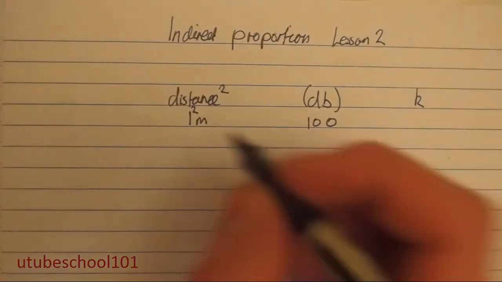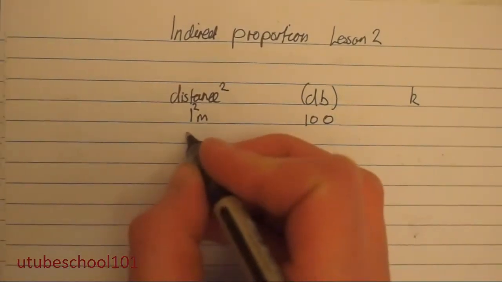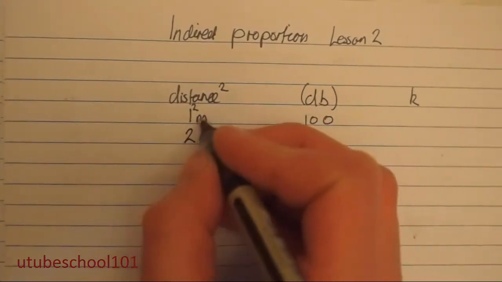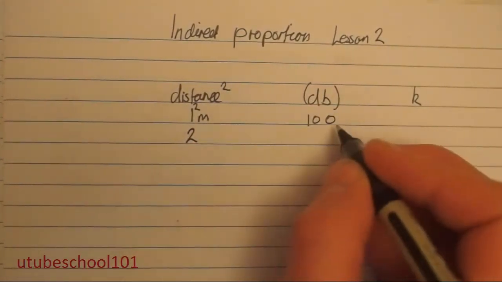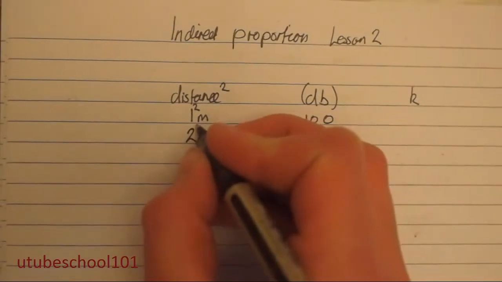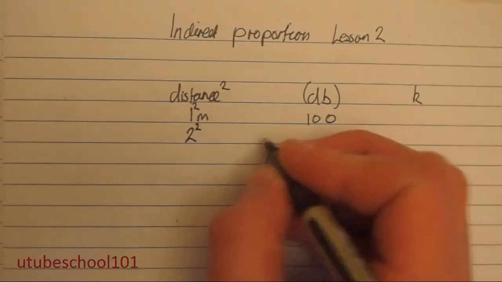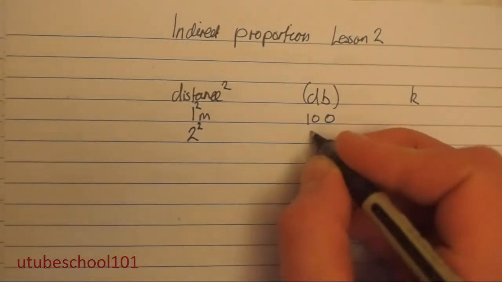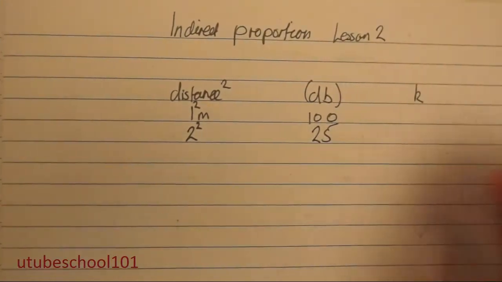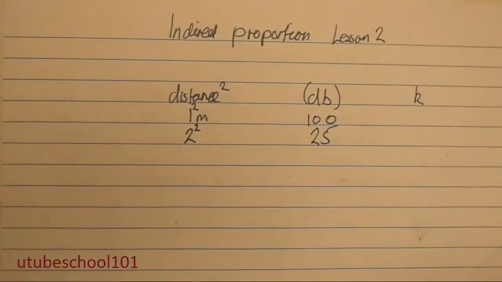I'll show you here. The distance is going to be squared, so 2 squared equals 4, and the decibels here is going to be 25.